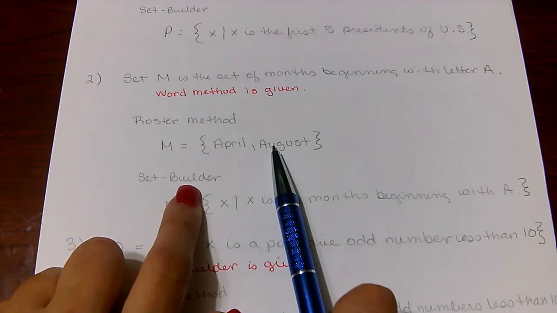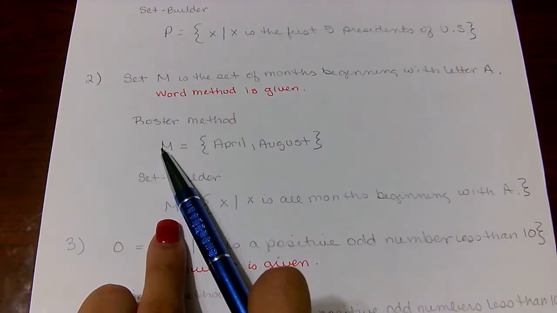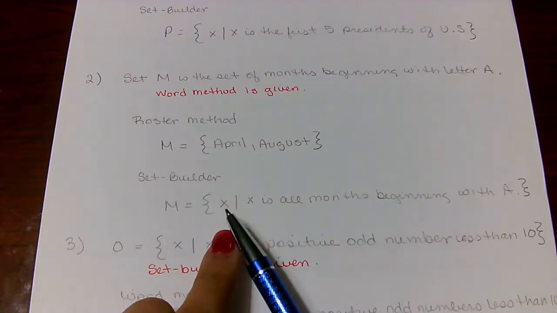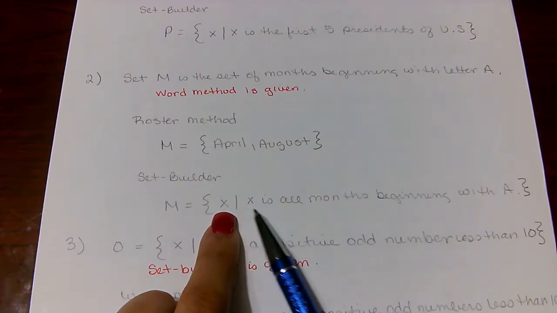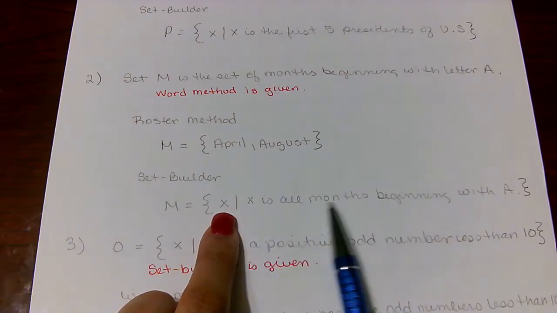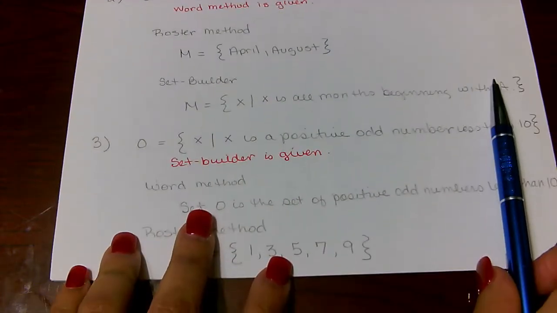Then we do the set builder, the combination of both. Start with the set name M equals, and then your braces. We use the element X, and then describe it using words, where X is all the months beginning with A.